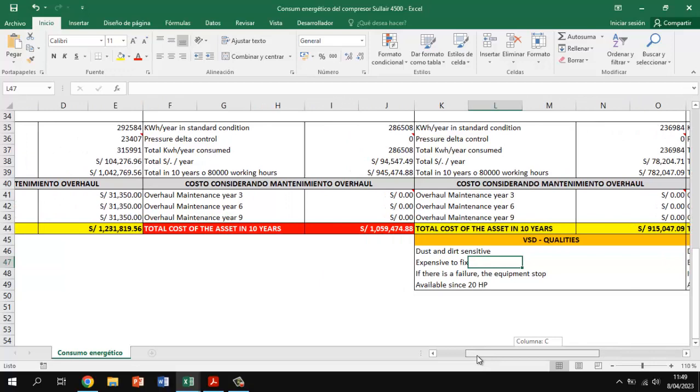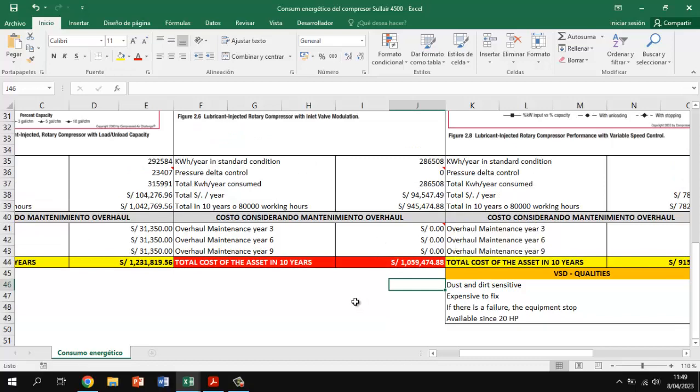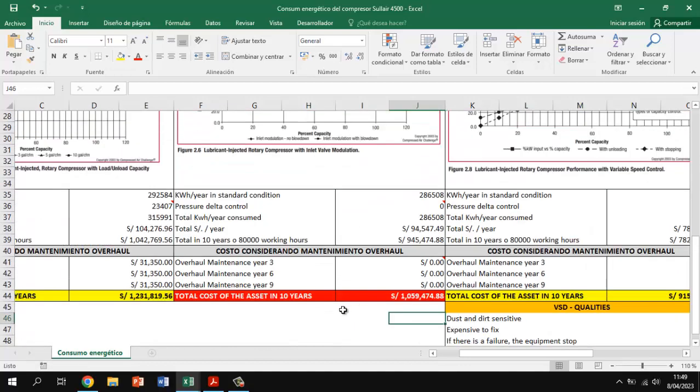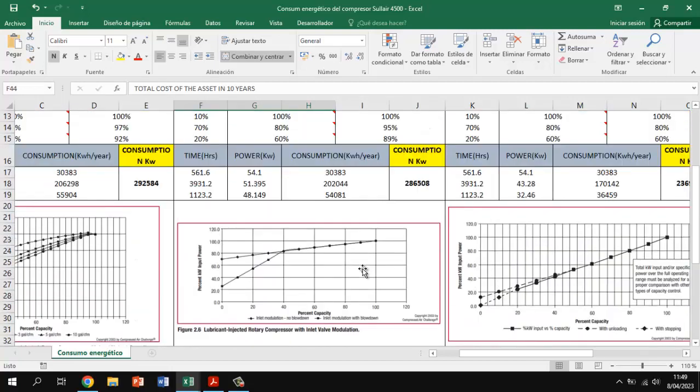So that's the reason why the correct selection will be the modulate, because you have your limit of 60 horsepower, and if you are another type of plant, maybe an industrial manufacturing one, this will be great for you.